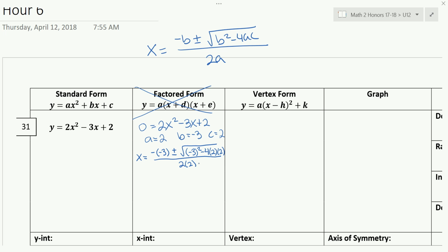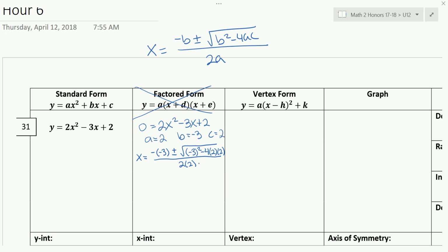Like when I plugged in b here, the negative b, there's a negative that comes with the formula, but then b is also negative, so I got a double negative. Using the parentheses can help you. After I plug it in, I usually multiply everything that I can: the negative times the negative 3, the 2 times the 2, the negative 3 squared.